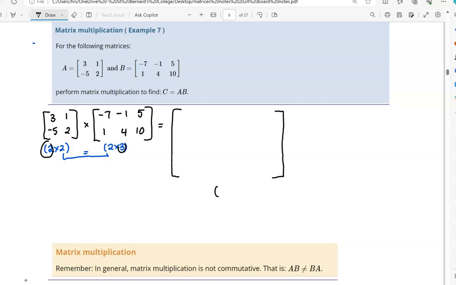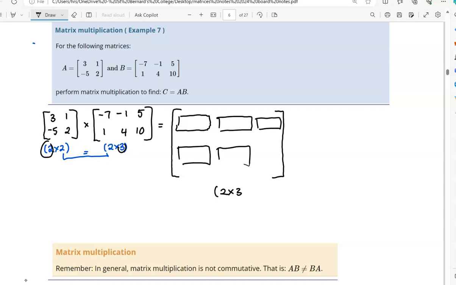My answer is going to be a 2 by 3, so you'll have 2 rows and 3 elements. Sometimes you don't have to draw them, I generally draw them lightly, but just to show you, we'll have 6 elements in our answer.